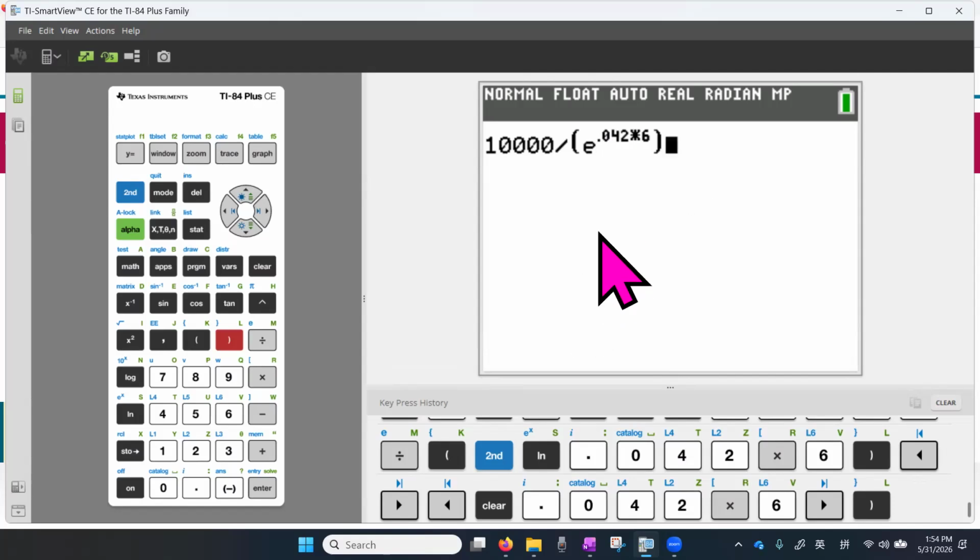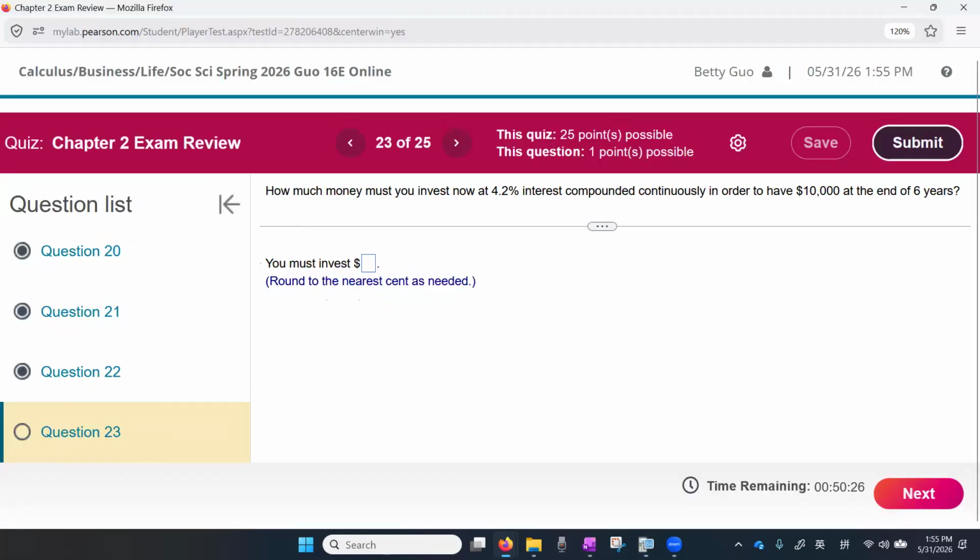Since we're looking for the present value that we need to achieve the financial goal in the future, we are having a discounting problem. So you enter the future value, 10 grand, and then divide by the discounting factor, e to the power 0.042, the annual interest rate, times 6 years. 4.2%. Okay, that's correct.